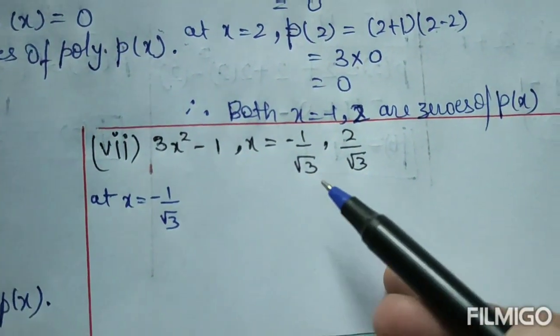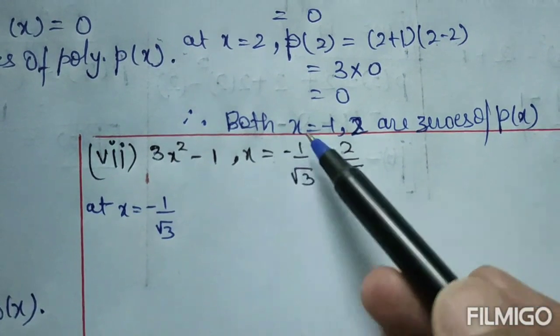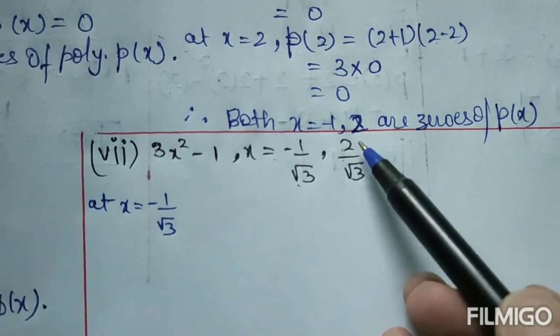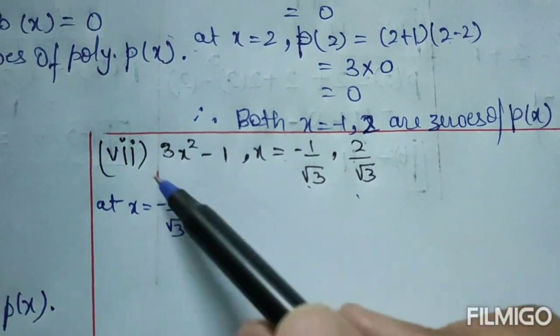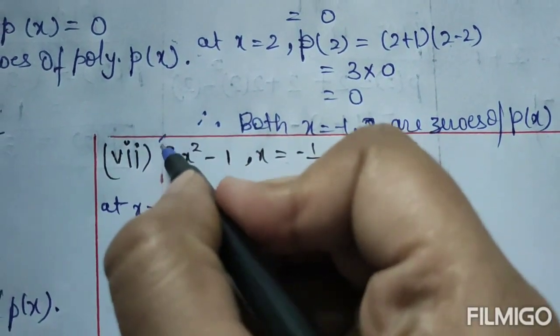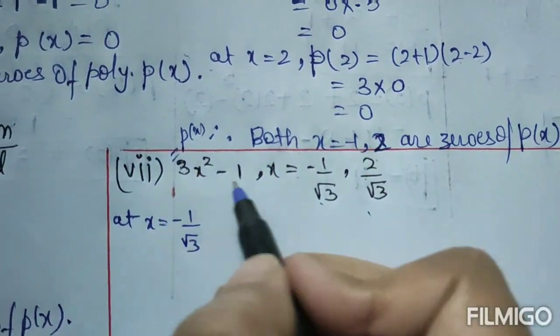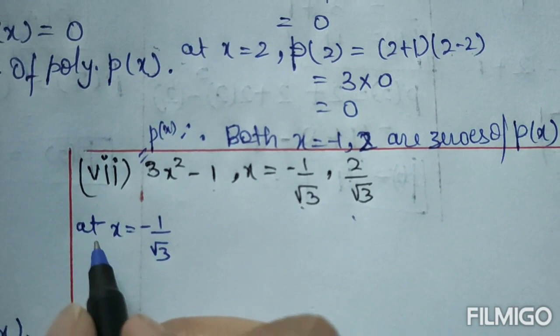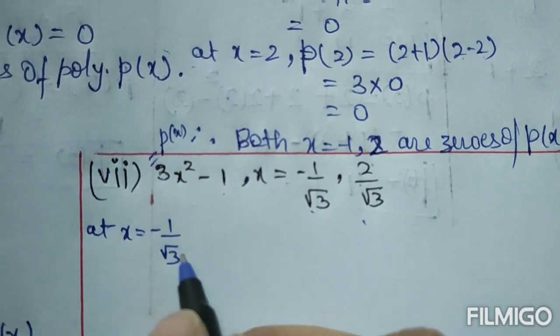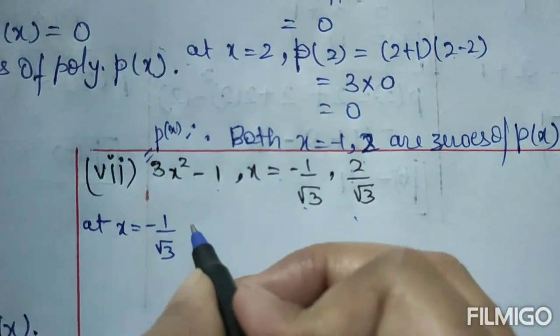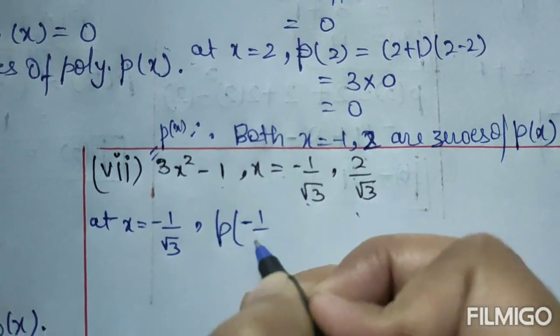Now you have to check that for both minus 1 by root 3 and 2 by root 3, this px is coming 0.